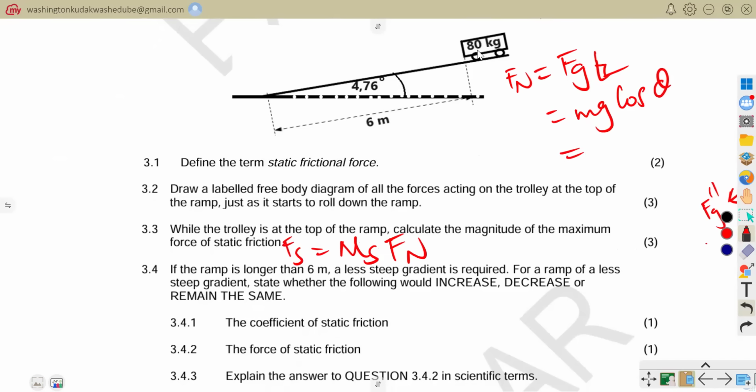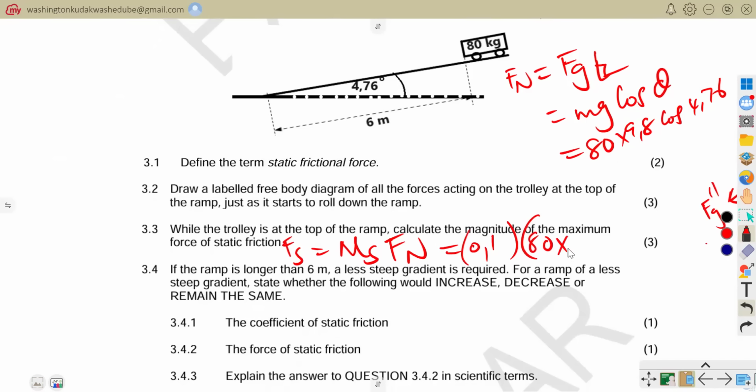So this is 80 kg times 9.8 cos of 4.76. Here we're going to say 0.1 times this. That is our normal force.